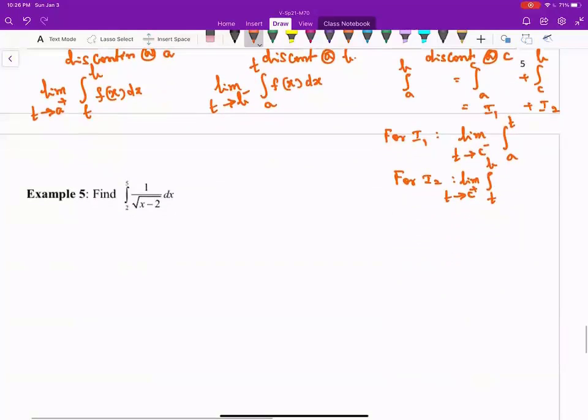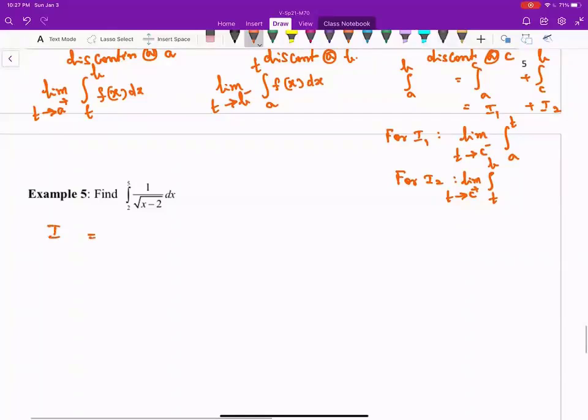Let's take this example. Find the integral from 2 to 5 of 1 over the square root of x minus 2 dx. Let's call the given integral I. Clearly there is a discontinuity at the number 2, and that occurs at the lower limit.